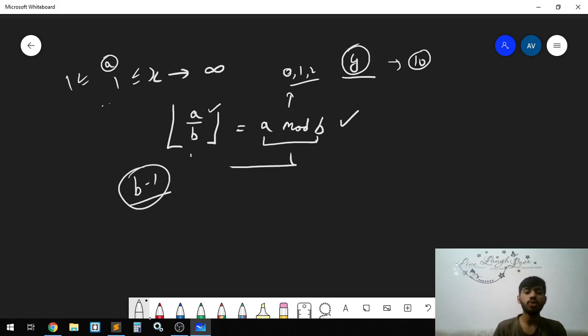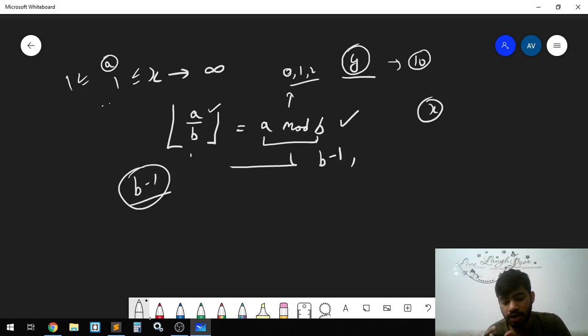Okay, so now we will consider our next constraint, that is for x. What we will see is that the maximum answer possible is either b minus 1, or then the second constraint.